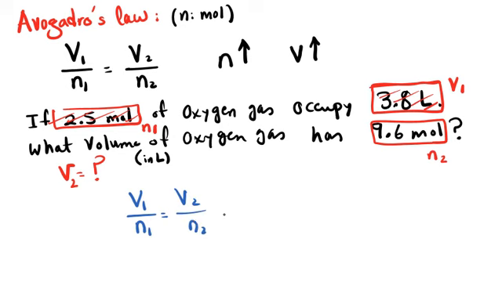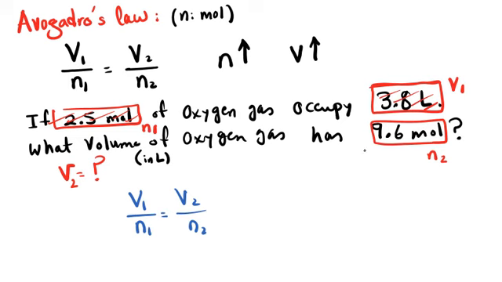Before solving our problem, I'm going to say that because N increases, the number of moles increases from 2.5 to 9.6, the volume must increase. So we are going to get a number greater than 3.8. Let's see if our calculation approves that or not.